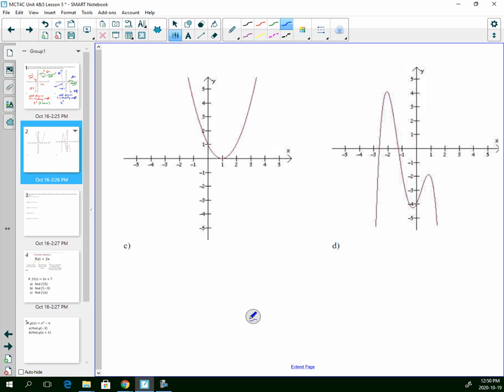This one, I see that the ends are going in the same direction, starting in quadrant 2, ending in quadrant 1. So I'm going to say this is an even degree. It opens up, so I'll determine that it's a positive leading coefficient.